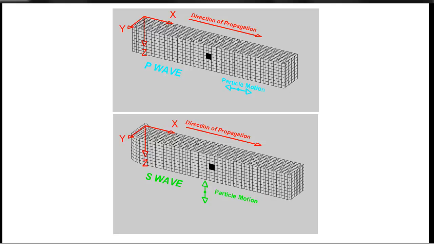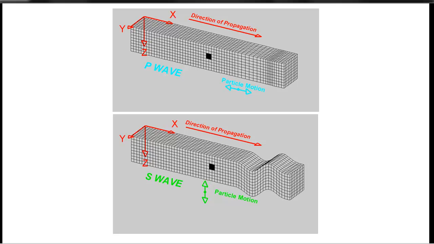The S wave shown below is a little bit more difficult to see, but if you study the animation, you can do it. You can see that as the S wave propagates in the same direction as the P wave, from left to right, it induces motions or distortions of the medium that are perpendicular to the direction of propagation. They're indicated by the direction of the green arrow, in this case up and down.